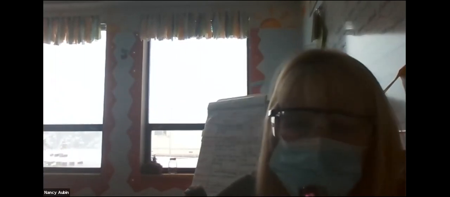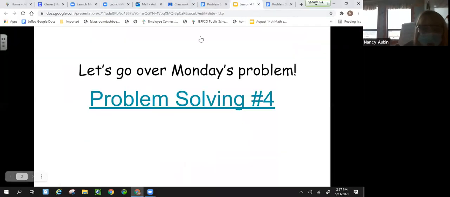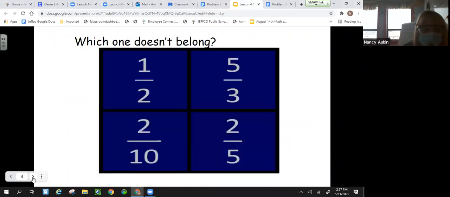All right, I'm going to go ahead. We'll head back to our lesson. We did problem solving 5 today. Here is your question. You're going to write in your math spiral. This is fractions today. Which one doesn't belong? 1/2, 5/3, 2/10, or 2/5.